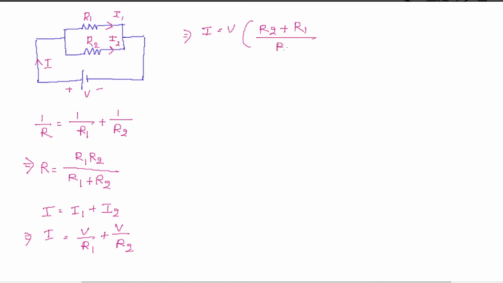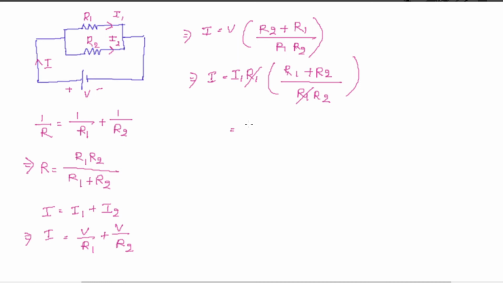If you solve it, I equals V into R2 plus R1 by R1 into R2. Now what is the V value? Tell me. It is I1 into R1, right? Let's consider this voltage as I1 into R1, whole into R2 plus R1 by R1 into R2.